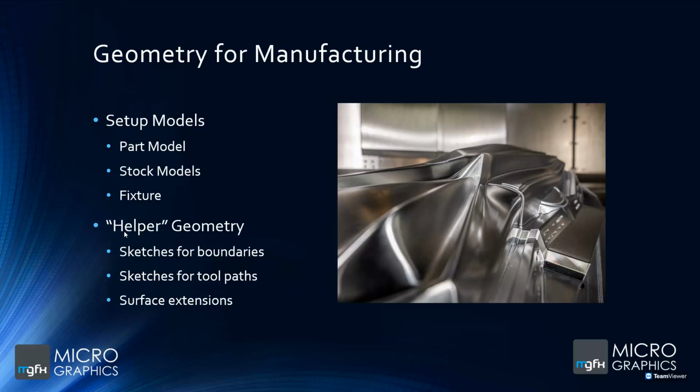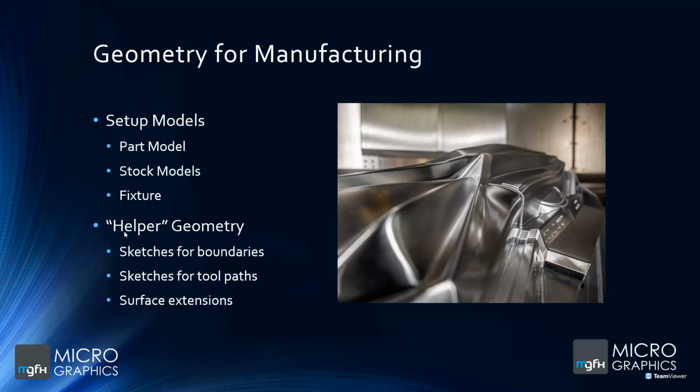But over and above that, if you are working from a predefined stock shape that is not, let's say, generated by your setup, you may have a stock model that you want to choose. You may need fixturing for your component to hold the component in place.